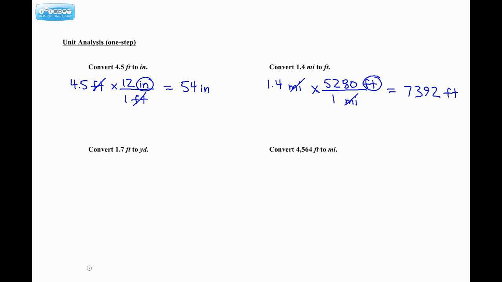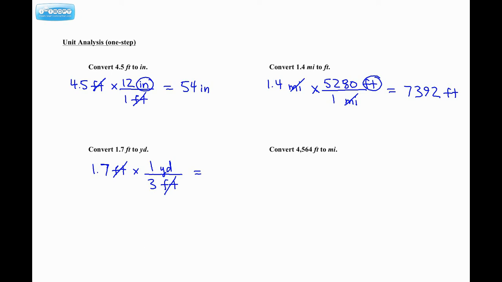Convert 1.7 feet to yards. It's pretty easy. So 1.7 feet. Okay. And I know that there are 3 feet in a yard. So that means the feet have to go down here. 3 feet. And there's the 1 yard up there. So my feet cancel. I work it out. So 1.7 times 1 over 3, that's just the same as dividing by 3.